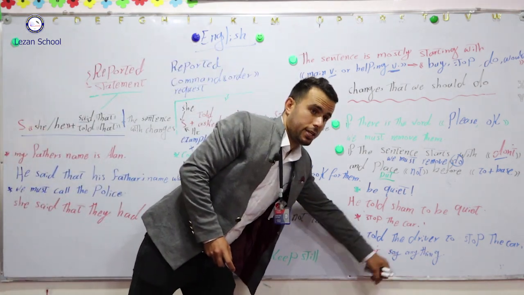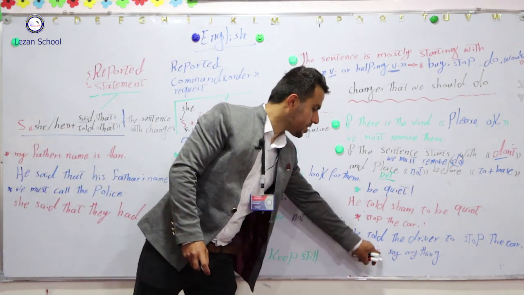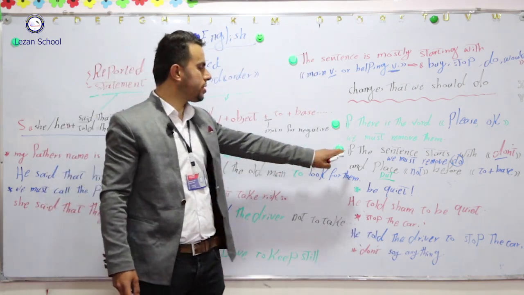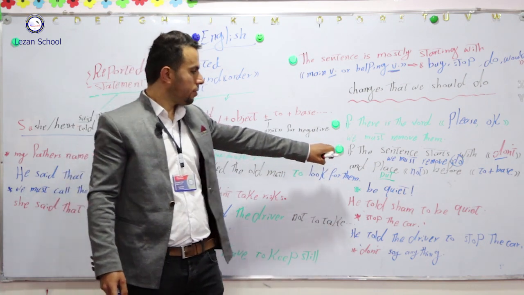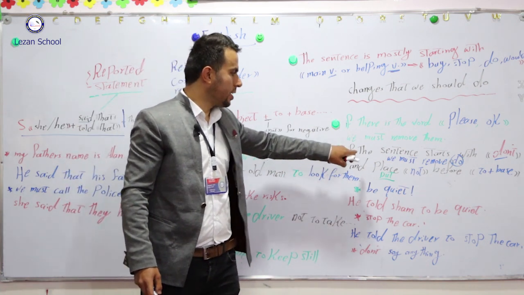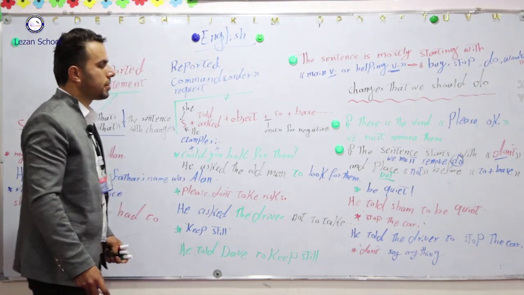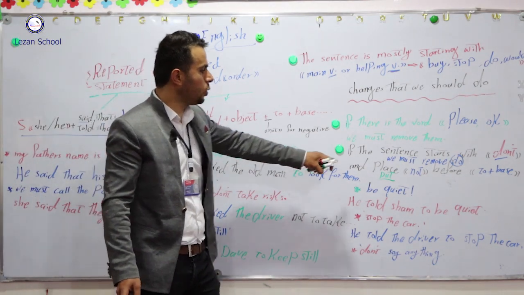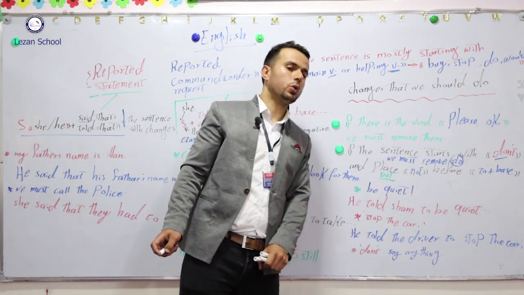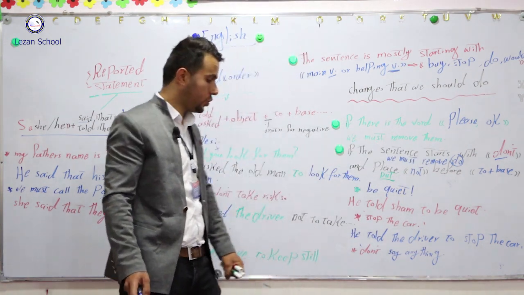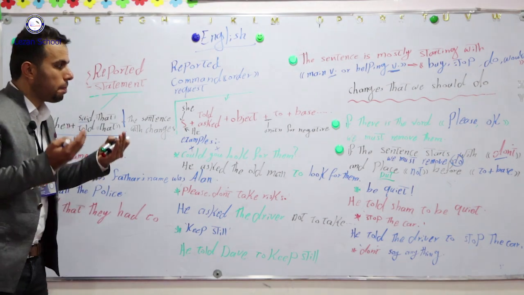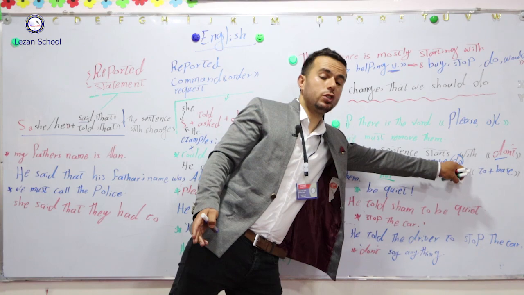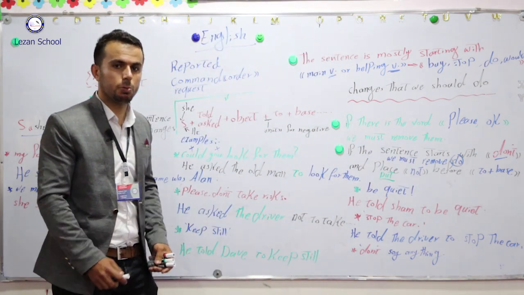Don't say anything. Here is the rule. It's related to this rule. If the sentence starts with don't, what shall we do? We must remove do. Remove do and place or put not before to plus base.